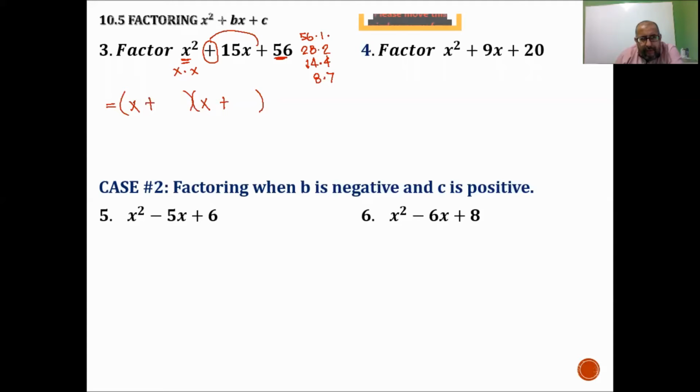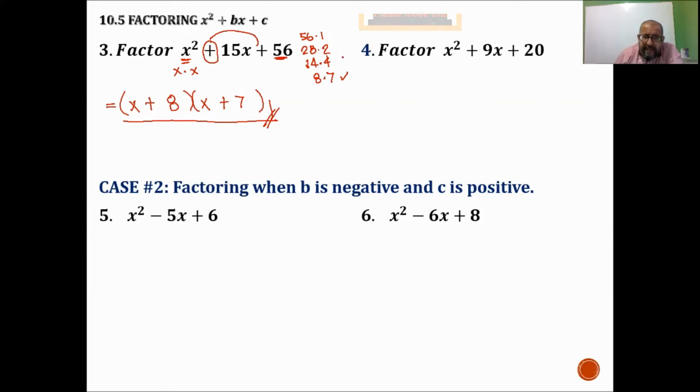If you analyze all the combinations in here, they multiply to give you 56. But only one of them will give you 15, and the right one is this one. So we copy 8 and we copy 7 in here, and here we have the factoring of this polynomial.